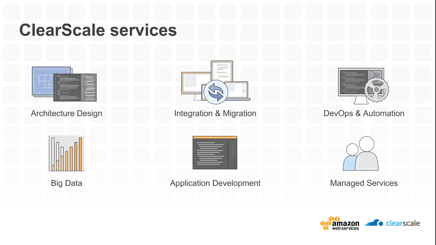Just a little bit more here before I hand it over to Jimmy. I wanted to go over some of the services that we provide in case anybody needs them at some point. So architecture design is where we come in and help gather requirements and understand your needs and help you design your system on Amazon. And this includes DevOps, of course, end-to-end. Integration and migration is where we come in and help migrate workloads to AWS, which is very common. And of course, whenever we migrate, we also automate in the process.